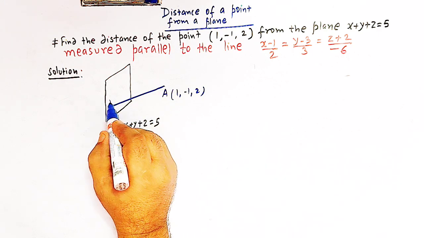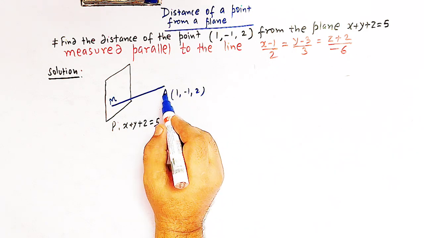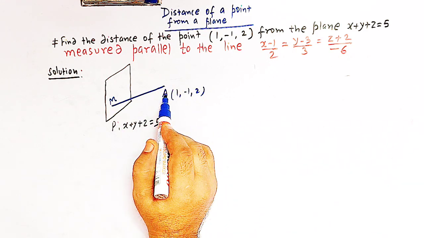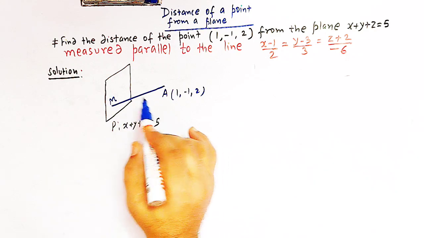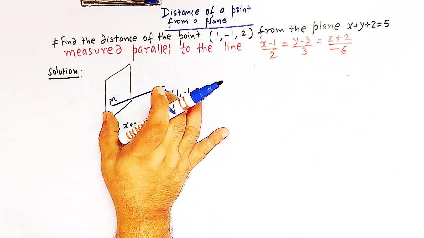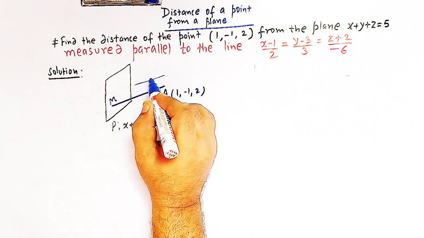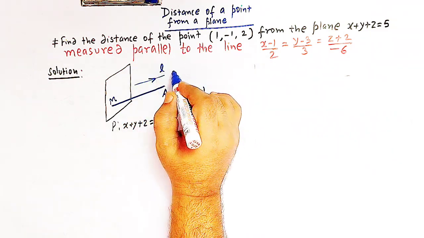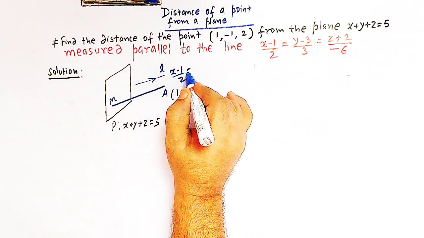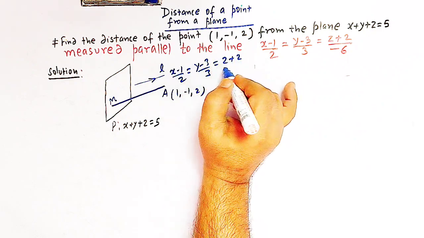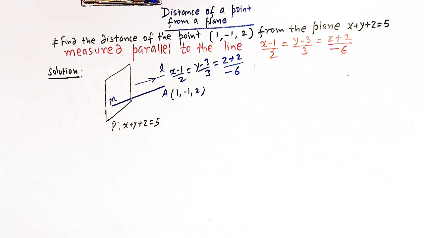So we have to find this distance, and remember this distance is not the perpendicular distance of this point from this plane, because we have to measure this distance parallel to this line, and the line is given as (x minus 1) over 2, (y minus 3) over 3, (z plus 2) over minus 6.